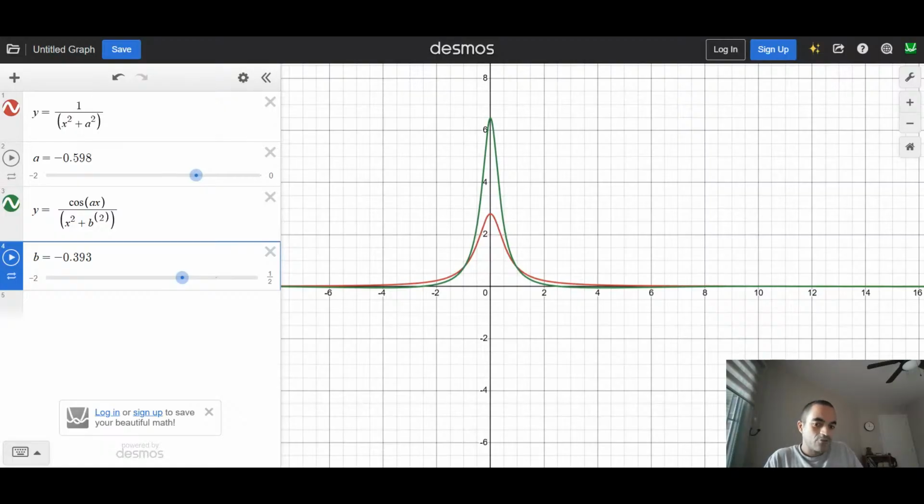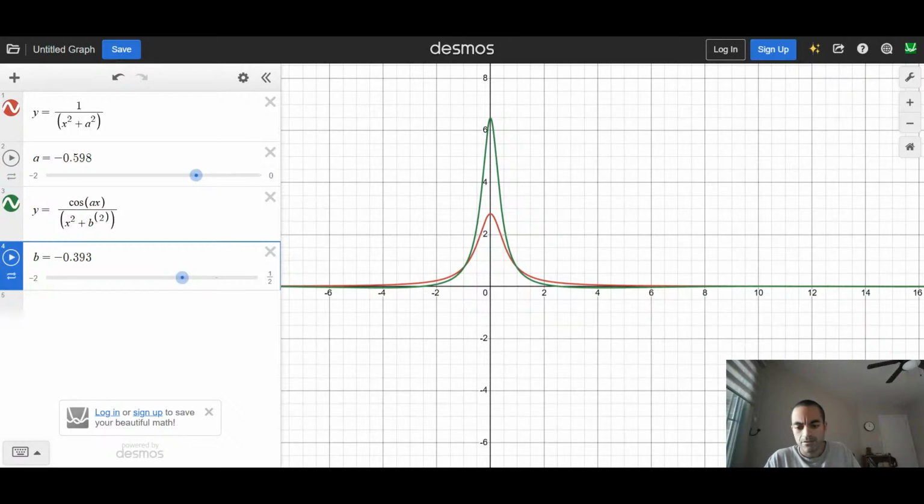Can anyone tell me, for the red curve here, what the restrictions are on x? Any restrictions, domain or anything like that? Anybody at all? Okay, nobody's in right now. All right, that's fine.